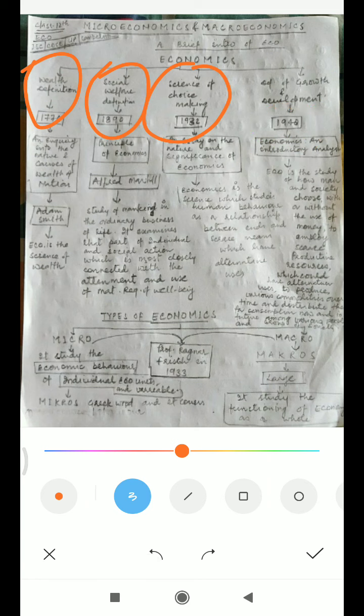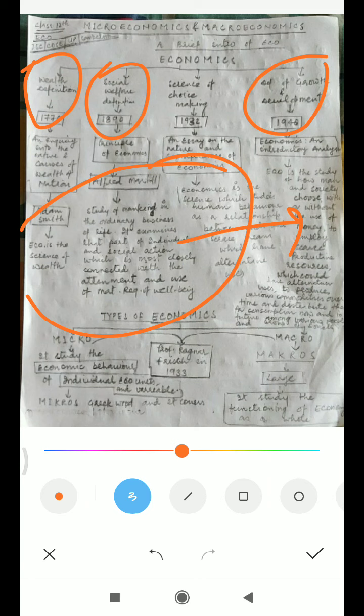It was given by Paul A. Samuelson in his book Economics: An Introductory Analysis. The basic thing of the Paul Samuelson growth and development definition of economics is that he has merged all three definitions into his definition.